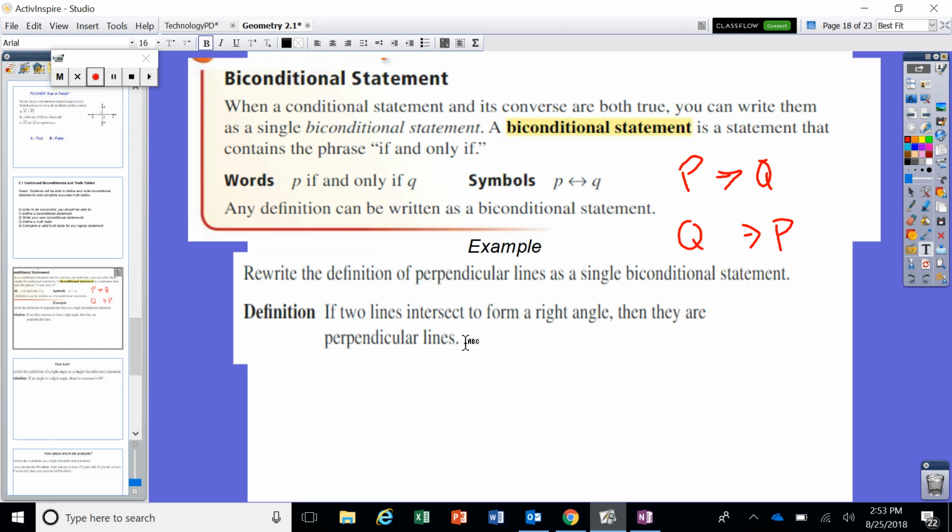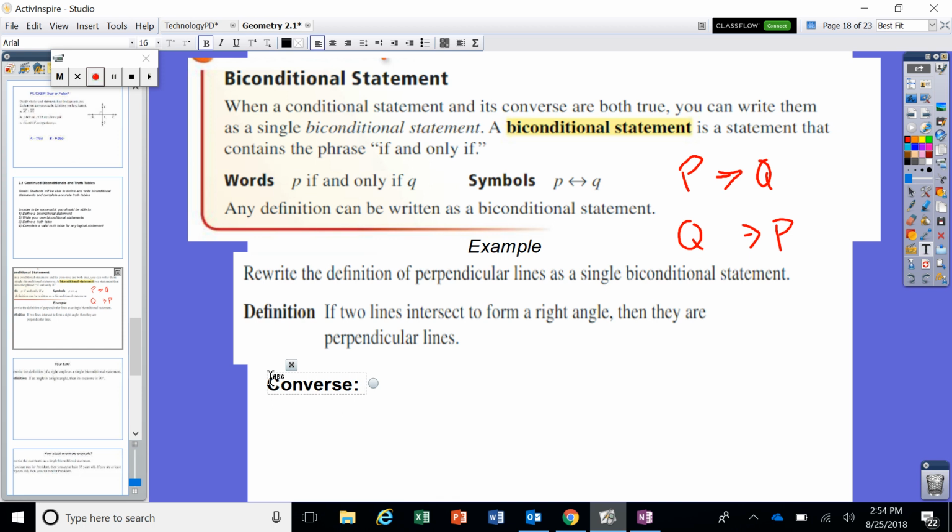So we're going to use this definition to turn this if-then conditional statement into a biconditional statement. So a great way to start off is to first identify the definition. Well, that's already been given to us, so we're good there. And then the second thing would be to identify what the actual converse is. So the converse, remember guys, is just to switch the following.